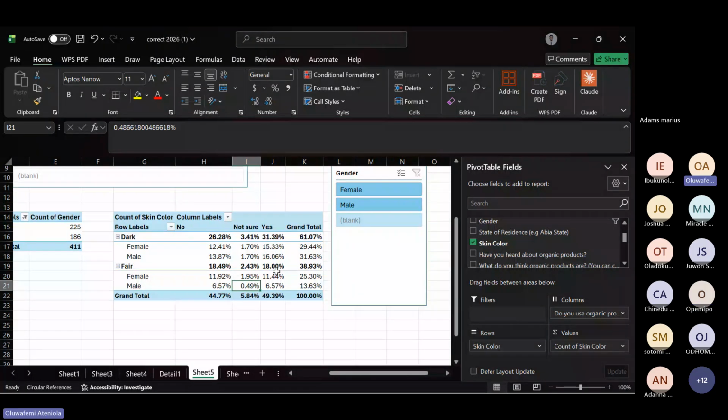But we have approximately 2% of females who are not even sure if they use this organic product. So there is an even distribution between females who use and females who do not use. When we are talking about fair skin, you can see we have about 11% for it. Are we understanding this, please?